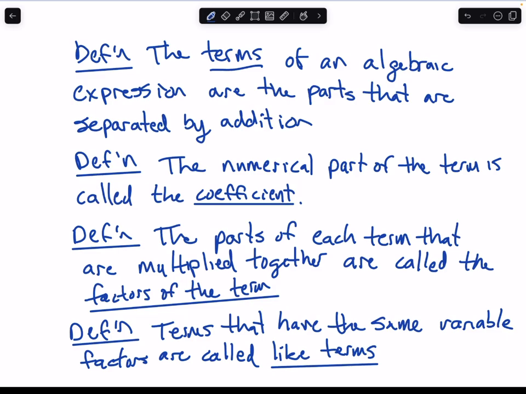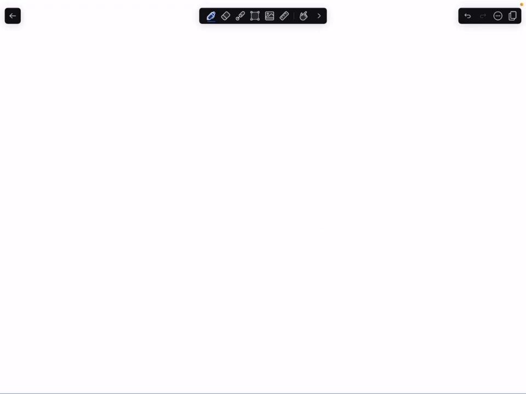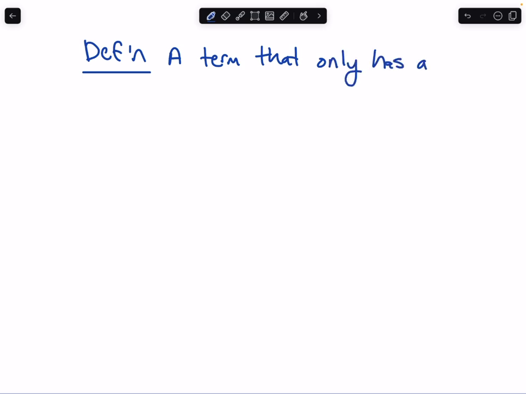So we have terms, coefficient, factors of the term, and like terms that have been defined. And one more definition. A term that only has a number in it is called a constant term.